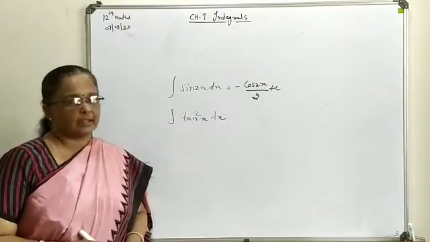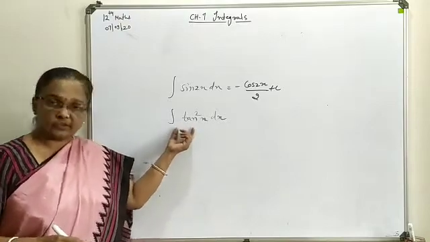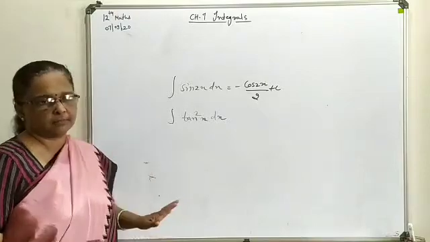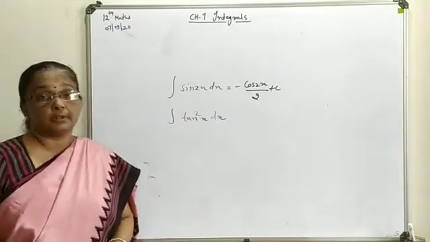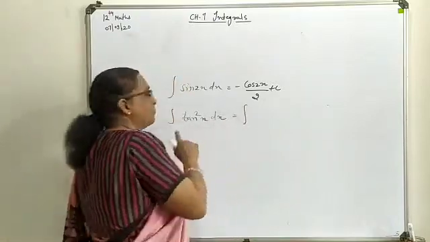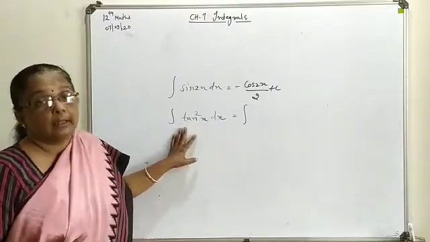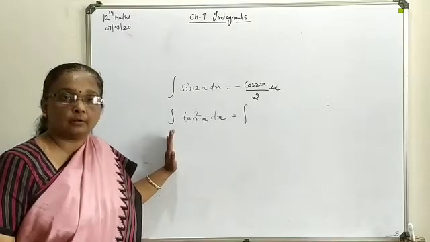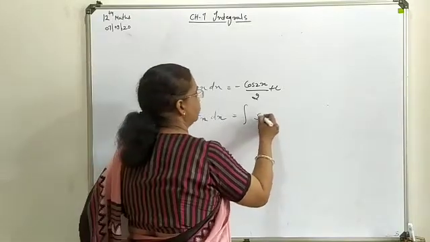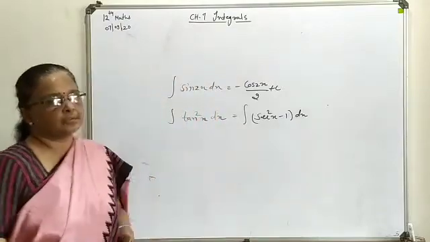This tan square x can't be integrated directly, and we are not implementing the chain rule here. So suppose tan square or cot square is available in your question. At that time, you change the question frame first. Write the given term in such a way that we can convert the given question into a form of related terms. This tan square x we will write as sec square x minus 1.